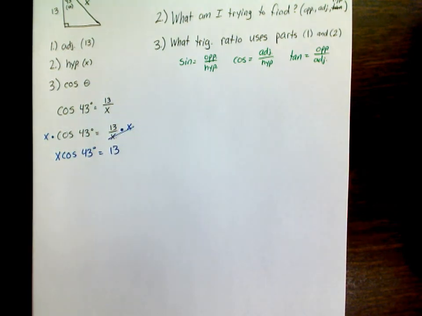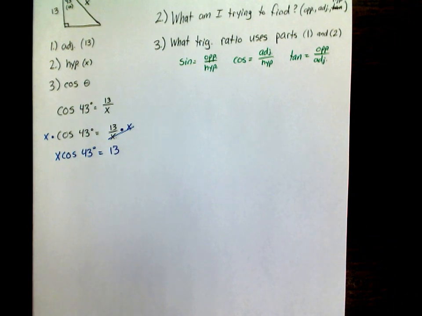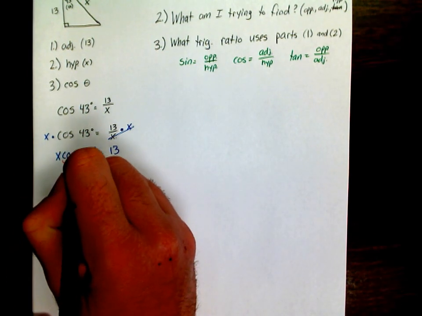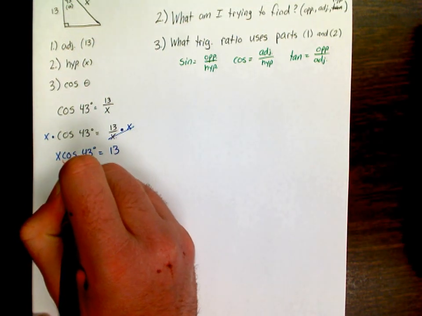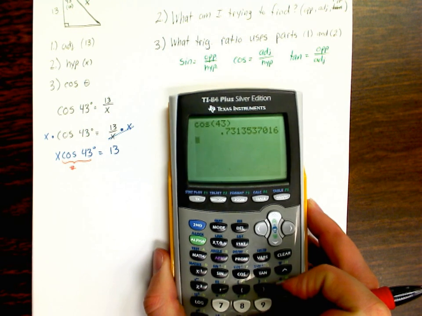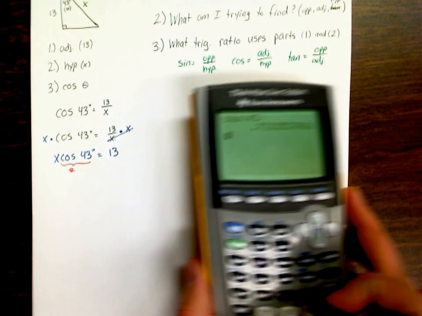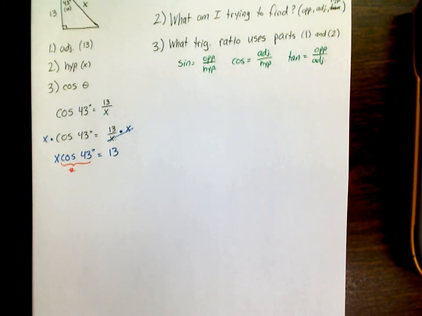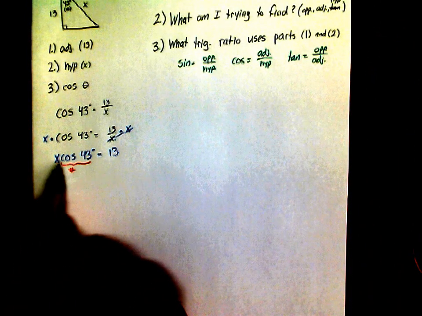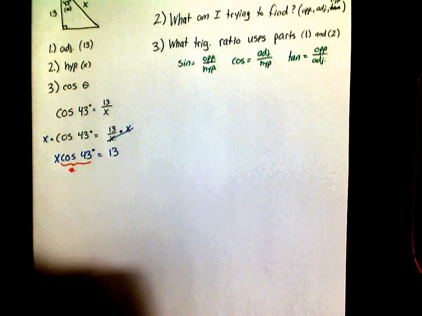Well, a lot of students don't see it this way, but just like I showed you on the calculator, the cosine of 43 degrees is just a number. It's 0.731353716, and so on. And just like any number, if this were 2x, you would know to divide by 2, or 7x, you would divide by 7. Well, you can divide by cosine of 43.